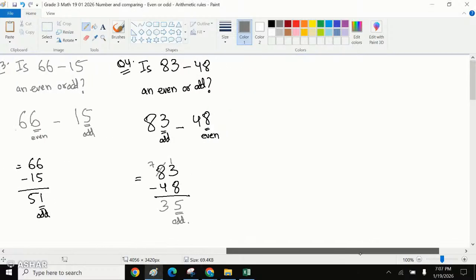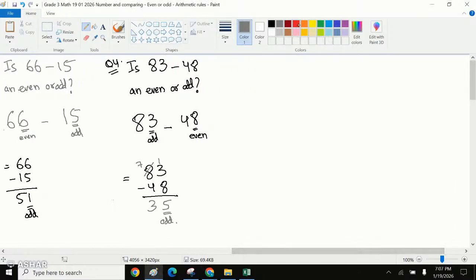Okay, for the next question, question number 5. They're saying, is 51 plus 27 an even number or an odd number?